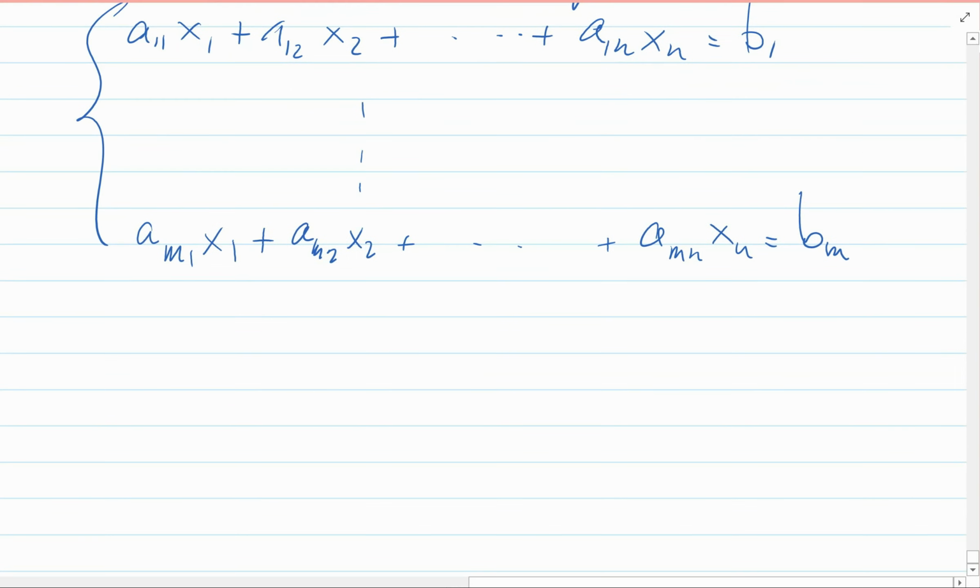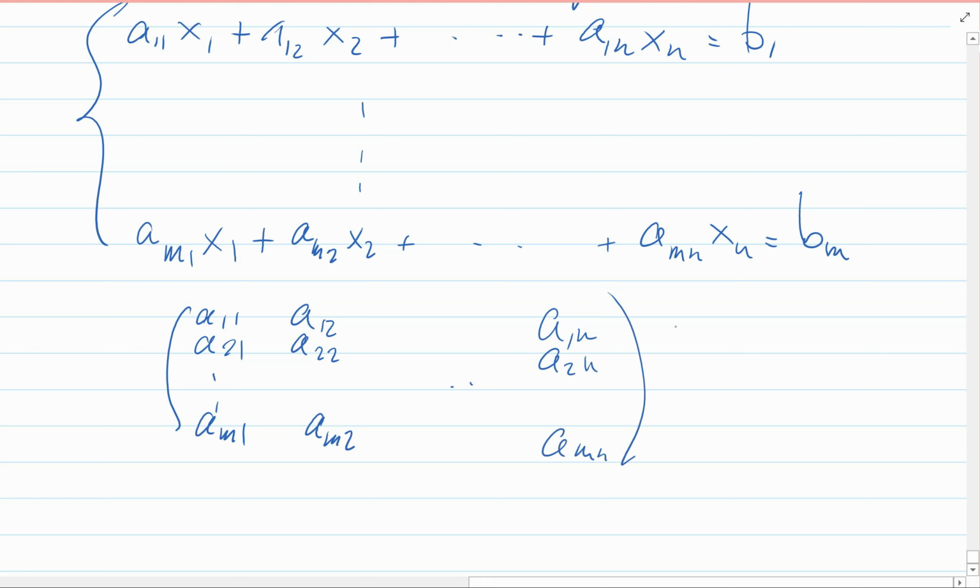Now, if you remember, that's how we started. In fact, this is simply what? The coefficient matrix A11, A21, ..., AM1, A12, A22, ..., AM2, etc., A1n, A2n, ..., AMN, times x1, ..., xn, equal b1, ..., bm.